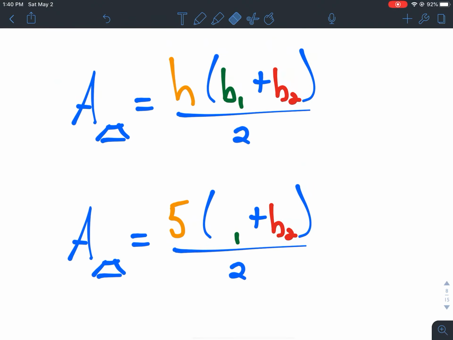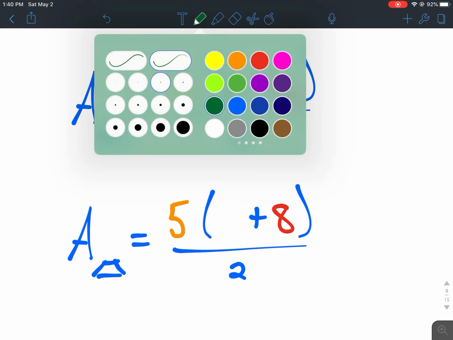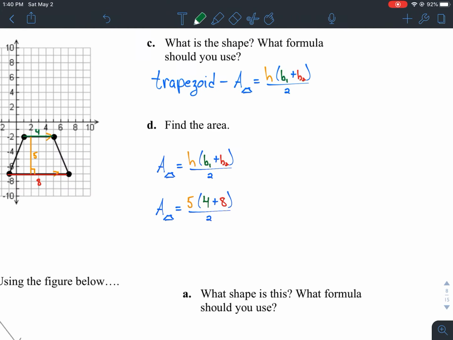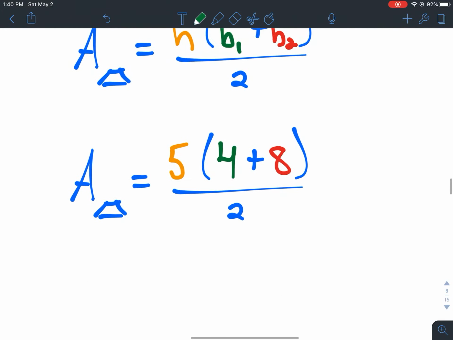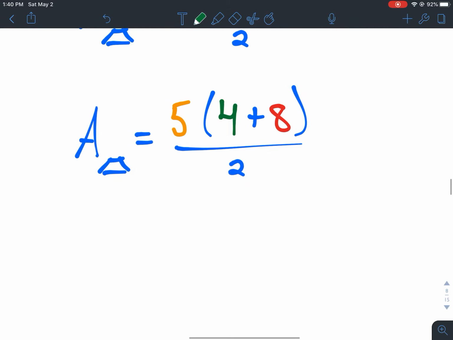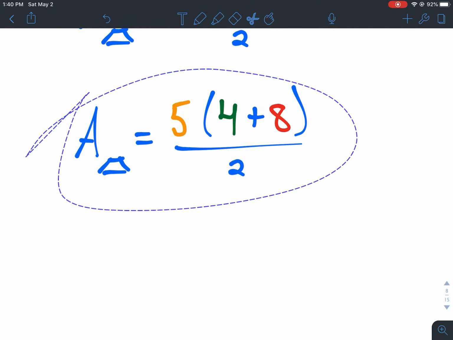So when we go back in here, we can replace these. That's 8, and the other one was 4. And it's just a matter of solving for the rest.